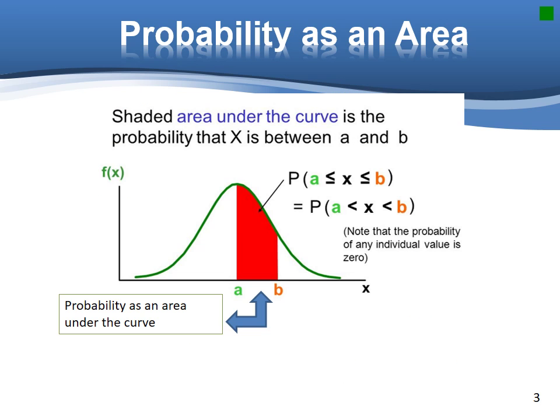The area under the curve is the probability that x is between A and B. Note that the probability is the same regardless of whether or not you include the endpoints of the interval. As we know, the total probability will be 1. That is, the total area under the curve will be 1.